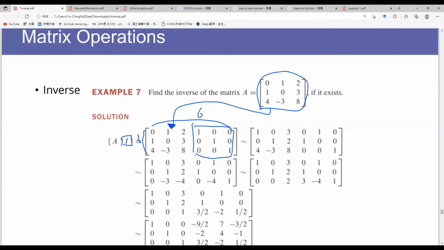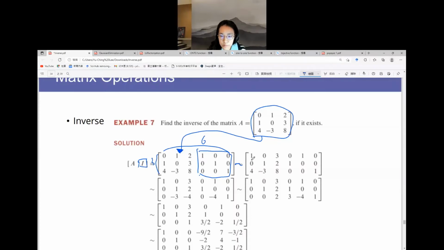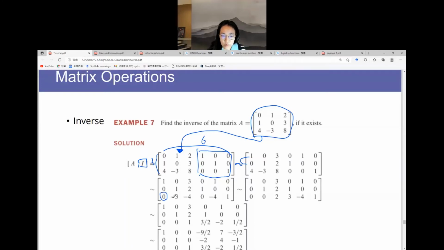Then we can do the row operations. You may observe that the first row operation looks like an interchange of the first row and the second row, and then we obtain the second matrix. The next matrix is obtained such that this position becomes a 0.